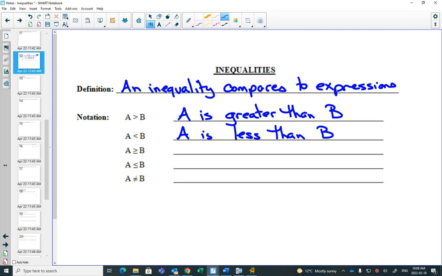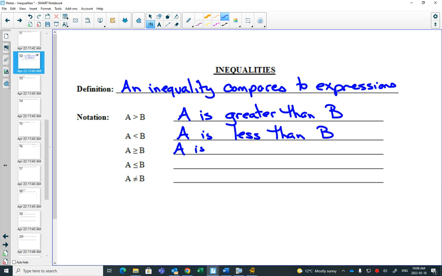So what's the difference between the first one and the third one? Looking at them, there's an extra little line. But what does that extra line mean? Does anyone know? No? Okay.